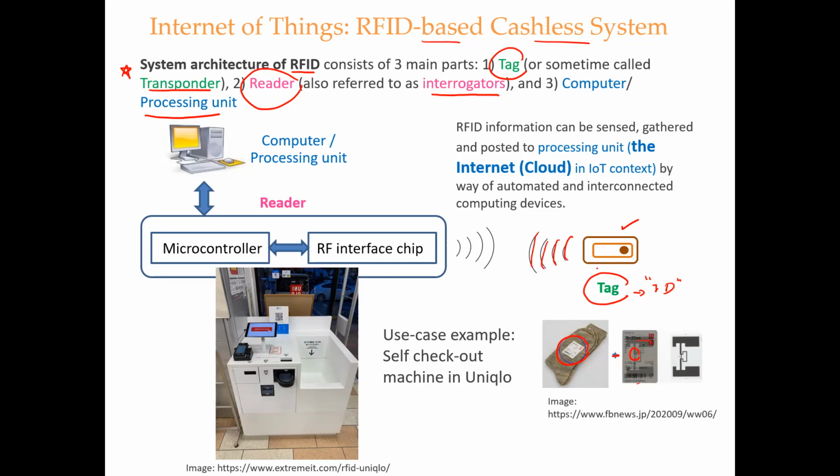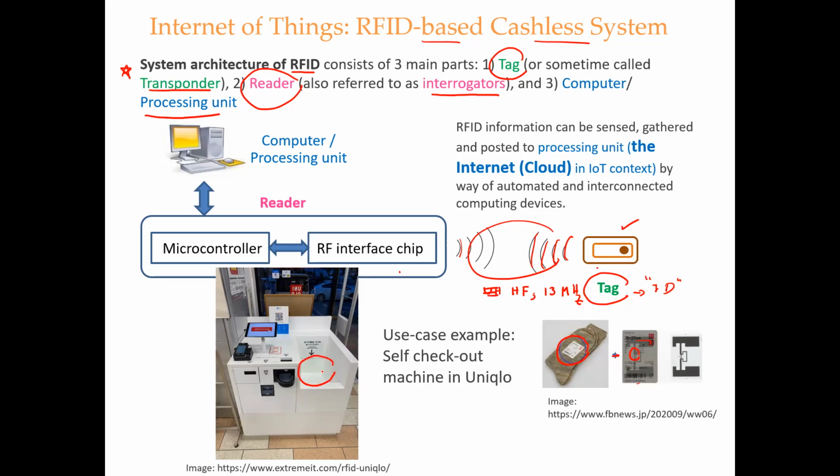Between the tag and the reader, the communication depends on the frequency, but usually for a very near distance, it should be high frequency, about 13 megahertz, if I'm not wrong. High frequency, because in the shop you have to bring the tag very close to the reader. Here is the reader.